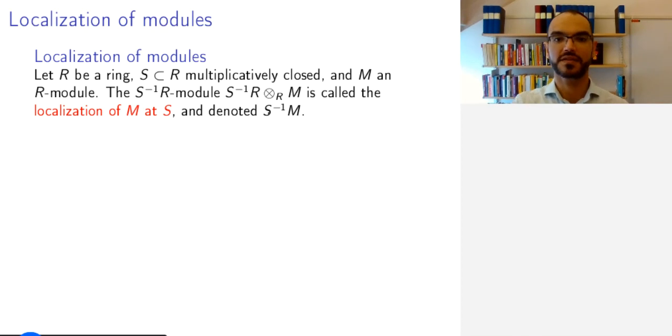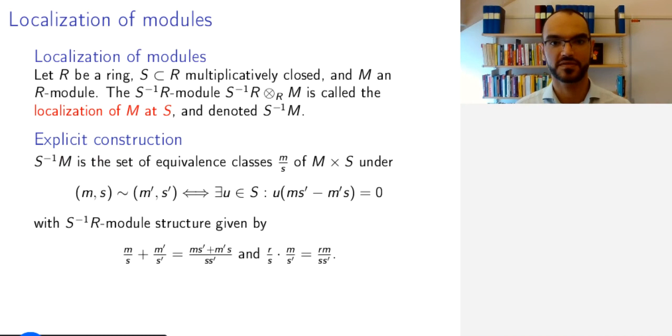If you don't like this base change, there is an explicit construction that is very analogous to that of localization of rings. Namely, on M times S, you consider the equivalence relation that is analogous to that of rings, namely that for some u in S, u acting on (m s' minus m' s) is 0.